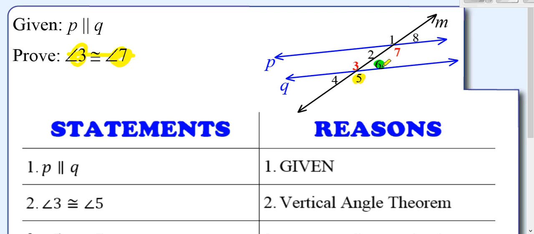Then you could have said 3 and 6 is a linear pair, which means they add to 180. And then you could have chose 7 and 6 and said that those are same side interior, so they add to 180. And then since they both add to 180, they equal each other. Subtract angle 6 from both sides, and you got the same answer.